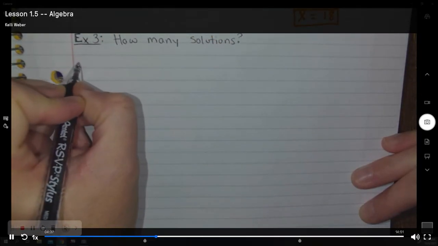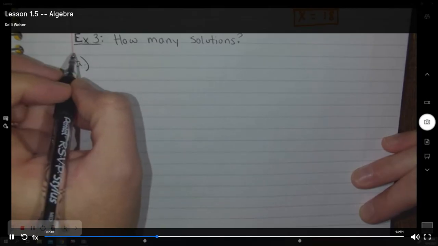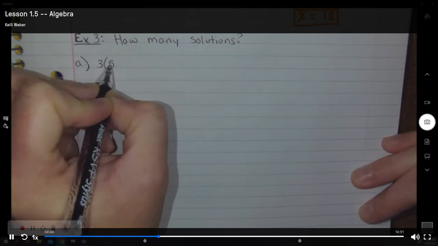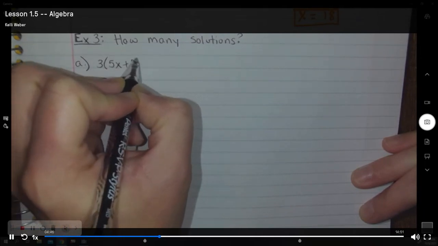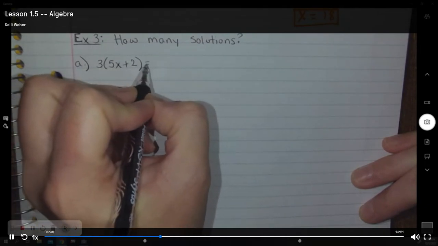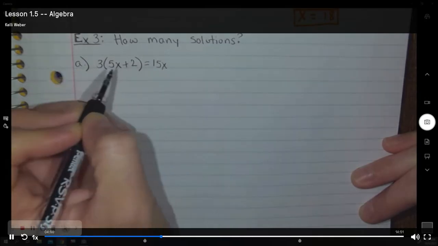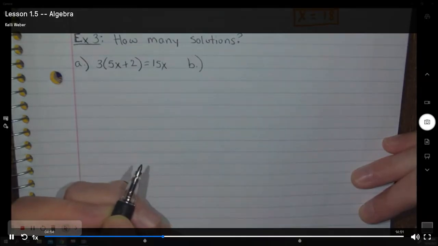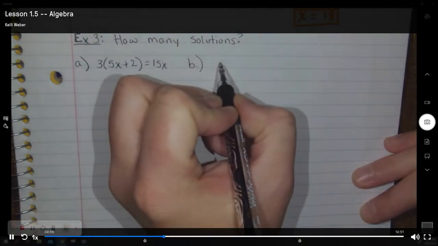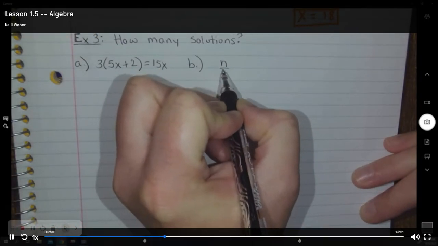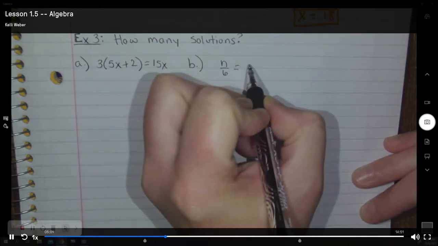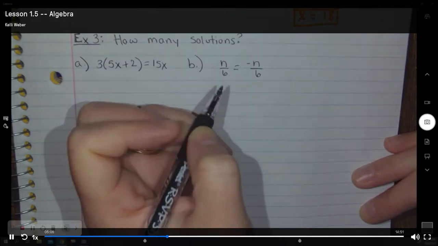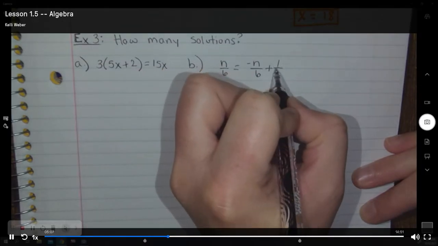So for problem A, we have 3 times the quantity of 5x plus 2 equals 15x. For problem B, we have n over 6 equals negative 1n over 6 plus 1/2.